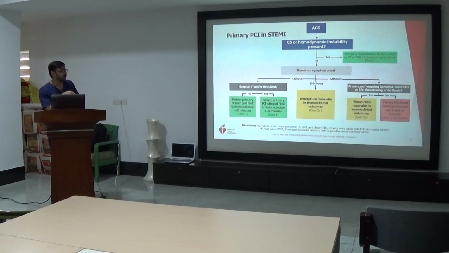According to time frame, less than 12 hours, go with a primary PCI-capable hospital. If the facility is there, do PCI; if not, thrombolyse and then refer to PCI. If 12 to 24 hours, there is a chance to salvage myocardium, so do PCI in favor of clinical symptoms. More than 24 hours, the patient is already dead.